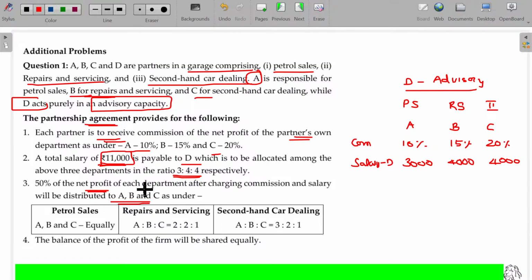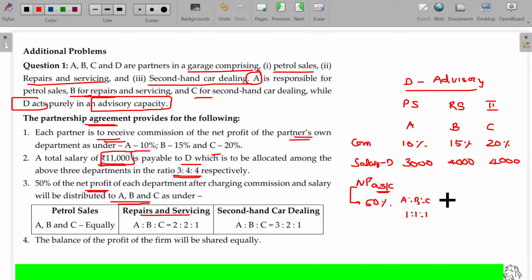Whatever profit they have, net profit after salary and commission, in that 50% will be shared equally among A, B, C. The profit from the petrol sales department, 50% will be shared among A, B and C equally.